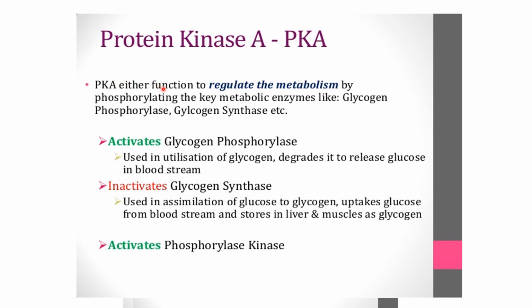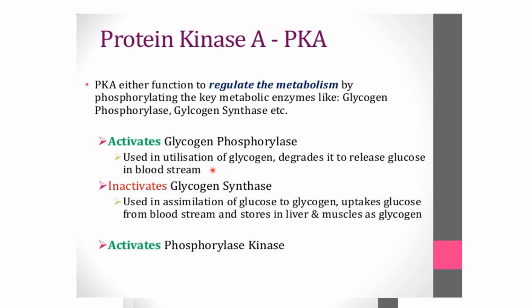Protein kinase A functions to regulate metabolism by phosphorylating key metabolic enzymes like glycogen phosphorylase and glycogen synthase. In the case of breakdown of glycogen, it activates glycogen phosphorylase, and utilization of glycogen degrades it to release glucose into the bloodstream.